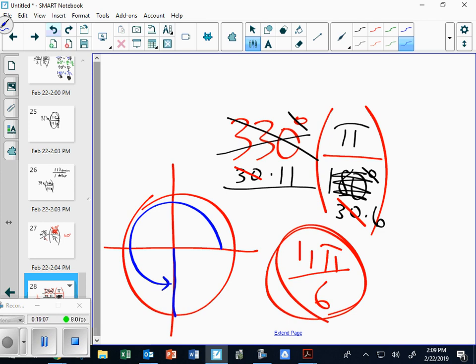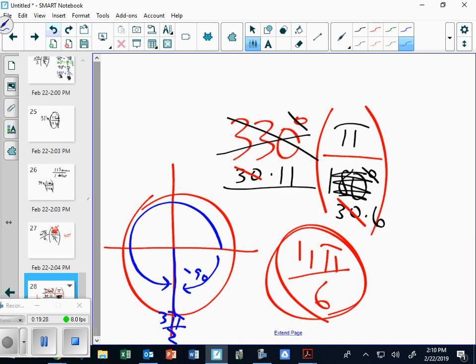Okay, so this is 3 pi over 2. And what's a faster way I could have got there? I could have got negative 90. I'm trying to go back and forth between radians and degrees so you get good at it.